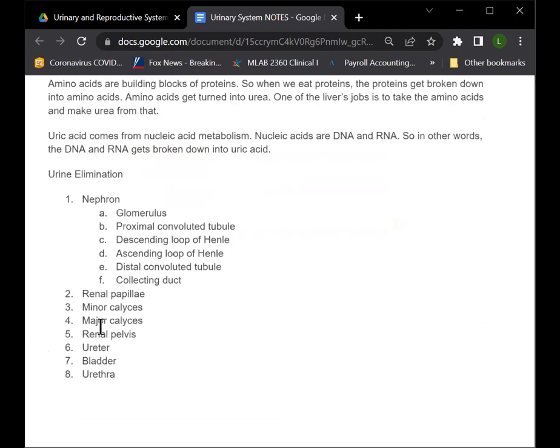All right, probably the last thing that we need to discuss is you definitely need to know about the flow of urine through the nephron. So urine production is going to begin at the glomerulus, but then it flows through the proximal convoluted tubule.